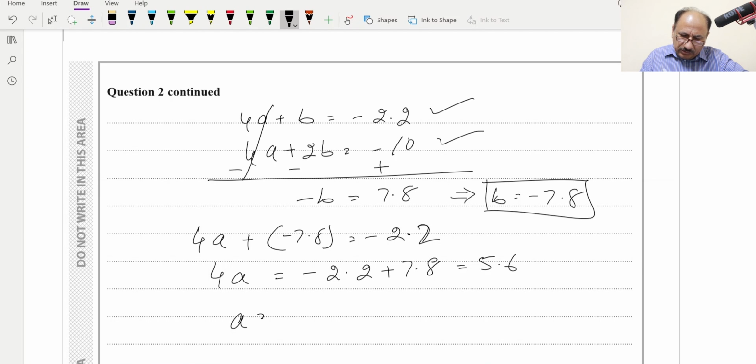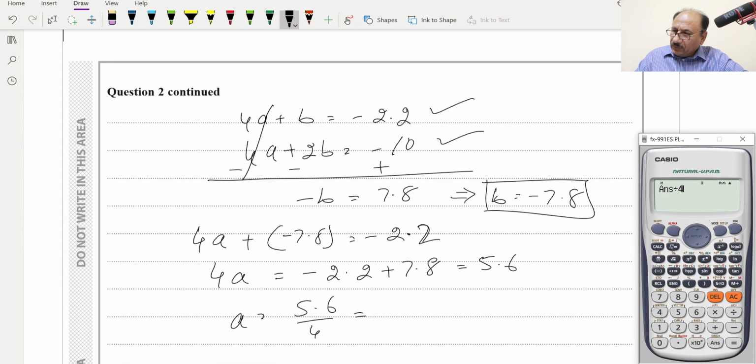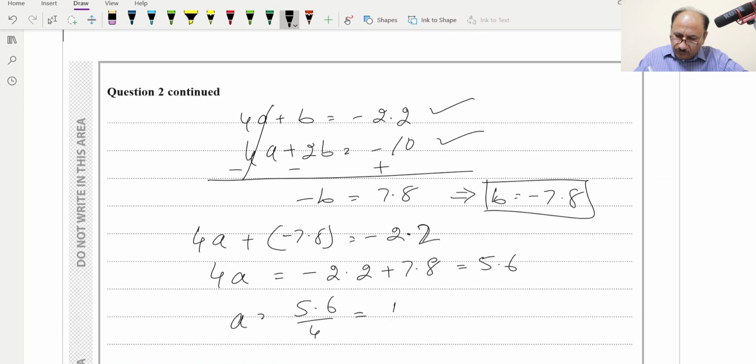So a is equal to 5.6 over 4, and this will be equal to 1.4.